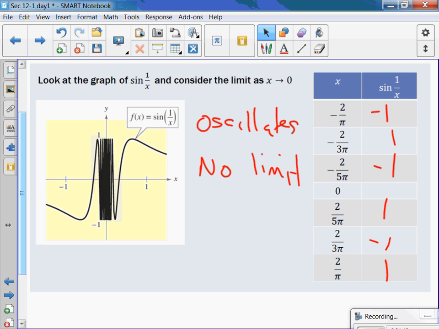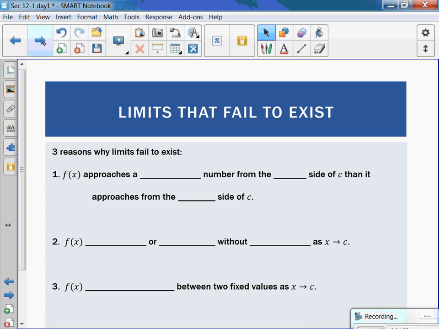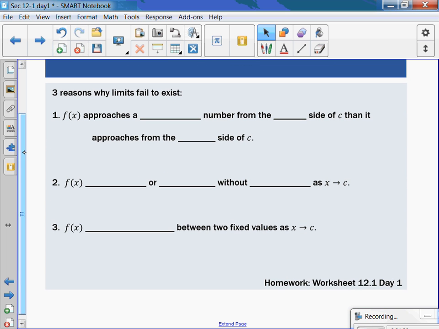So if we summarize these, limits that fail to exist, well, if f of x approaches a different number from what? You guys are overthinking. Thank you, Michael.